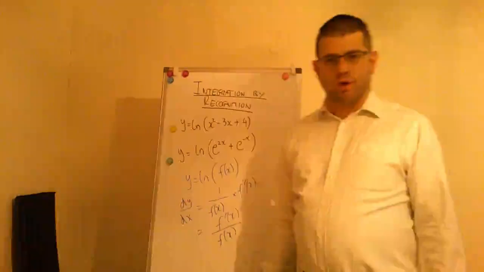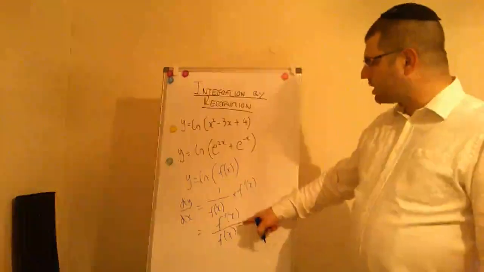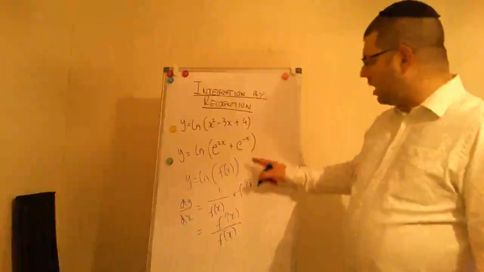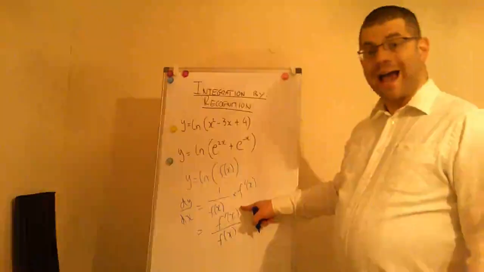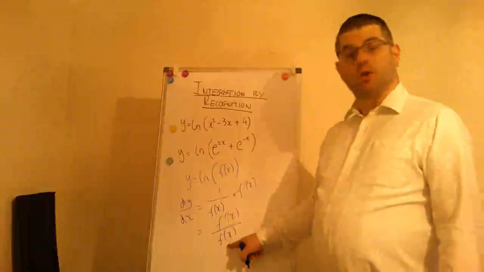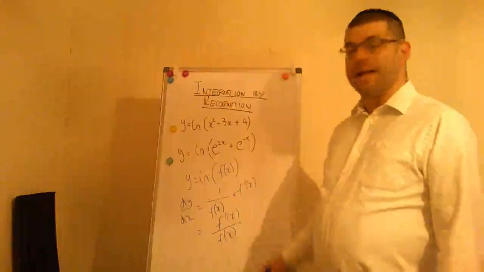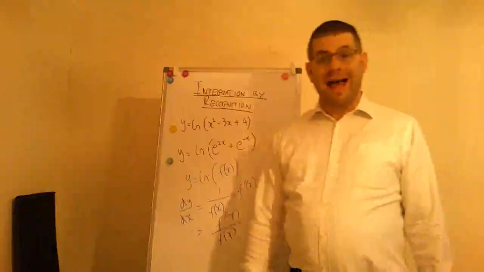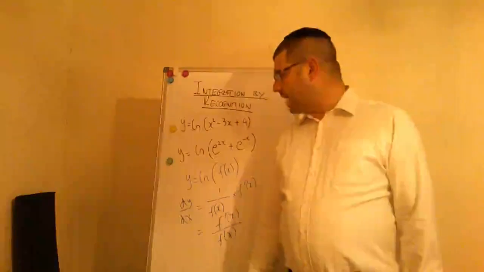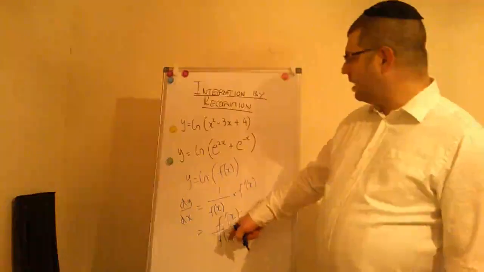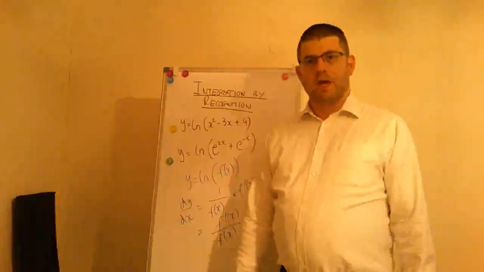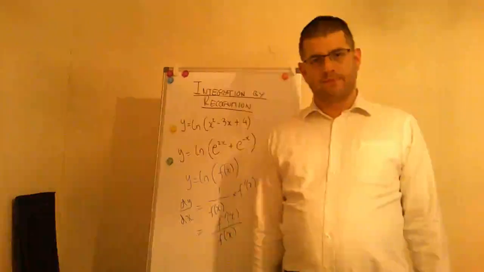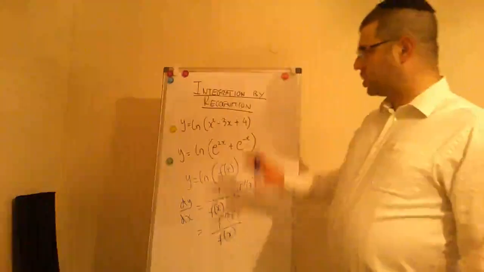If ever you're integrating something that looks like the derivative over the function, where whatever's on the denominator, if you differentiate it, looks like what's on the numerator, i.e. it looks like f dash over f, well, then we can integrate backwards to say it's actually just ln of the denominator. Now this is going to be very useful because quite a lot of integrals you meet are of this form.